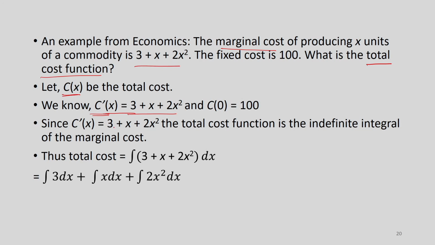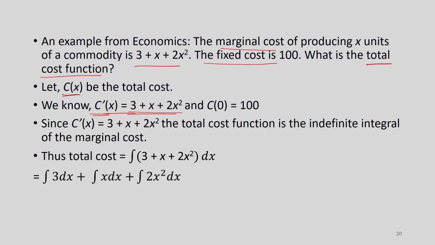So, C prime x is equal to 3 plus x plus 2 x square. Remember, the marginal cost is a function of x, and further we also know that fixed cost is equal to 100.